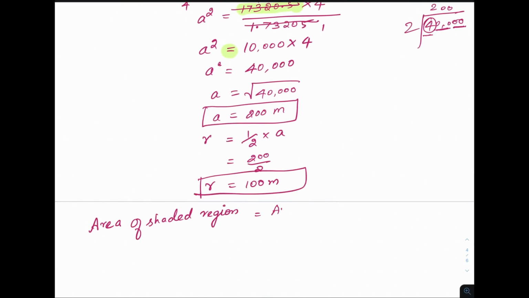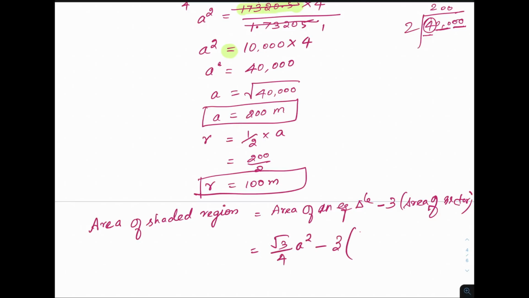So area of an equilateral triangle minus 3 into area of sector. Root 3 by 4 a square minus 3 into theta by 360 into pi r square.